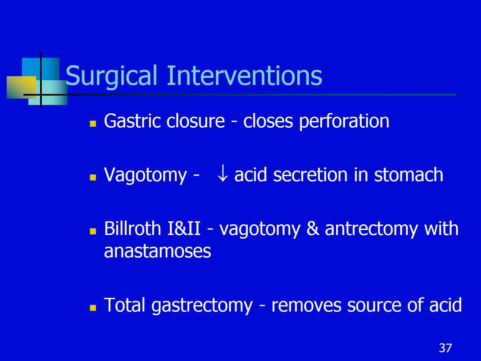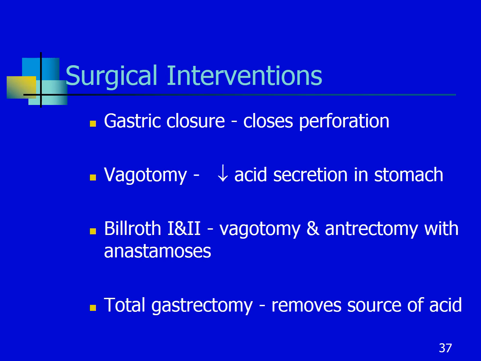Next slide. So what are some of the surgical interventions? Well, we can close it, right? So close the perforation, or vagotomy. What they do is cut branches of the vagus nerve in an attempt to decrease the rate of gastric secretion.